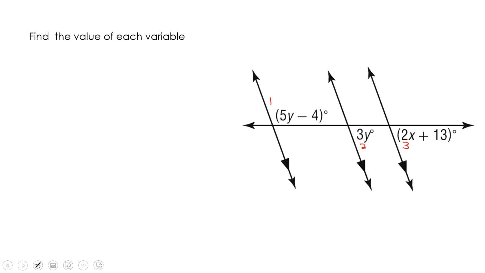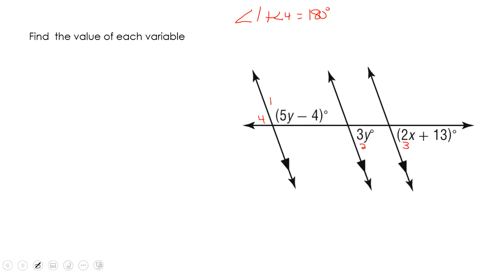But I'm going to name another angle here quickly. I'm going to call this angle 4 to help show you what's happening. I know angle 1 and angle 4 are a linear pair. So angle 1 plus angle 4 is going to equal 180 degrees. They're going to be supplementary. Does everybody see that?